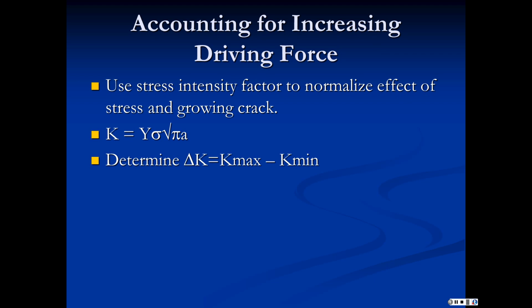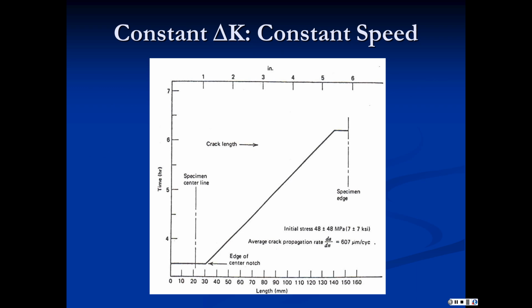All right. Now, if we run a test where we do not let delta K change, and the way you have to do this is, as the crack is growing, you have to change the loading, because as the crack grows, it is going to change the delta K. So if you adjust the load level, the stress level, so that delta K remains constant, we find that as the crack grows from its initial length, 30, to out here where we stopped it, somewhere, there's the edge of the specimen, so they didn't run all the way to the edge of the specimen, we have a constant slope.